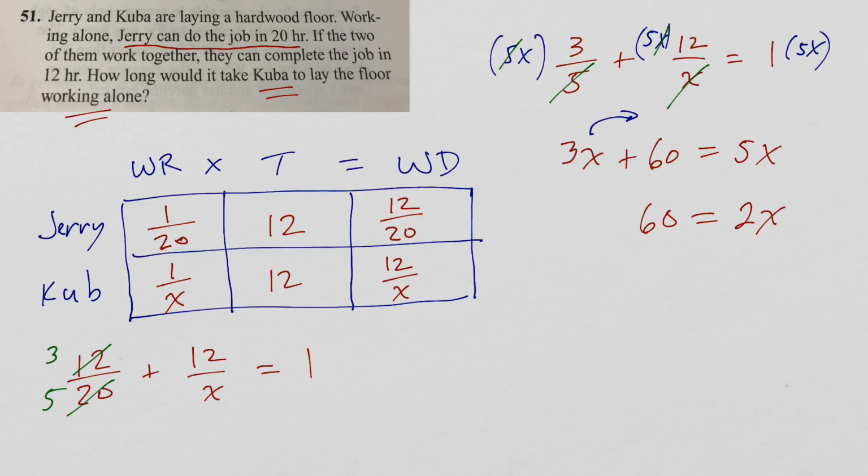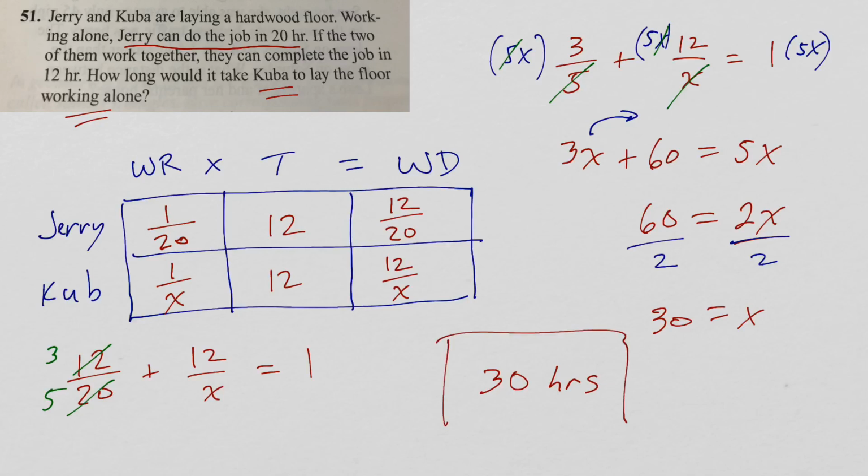And then I'll divide each side by 2. And I'll get x is equal to 30. That means that Kuba would take 30 hours working alone. You can write that in a sentence, but I'm running out of space. So Kuba would take 30 hours working alone.